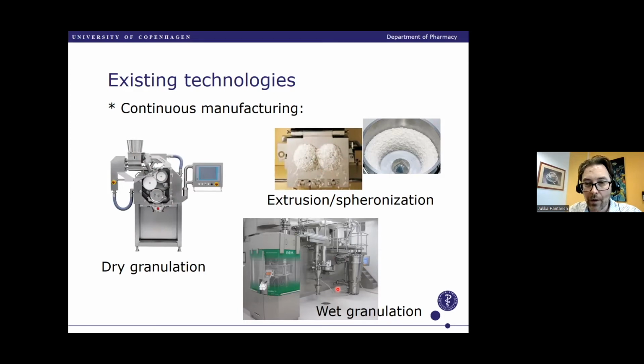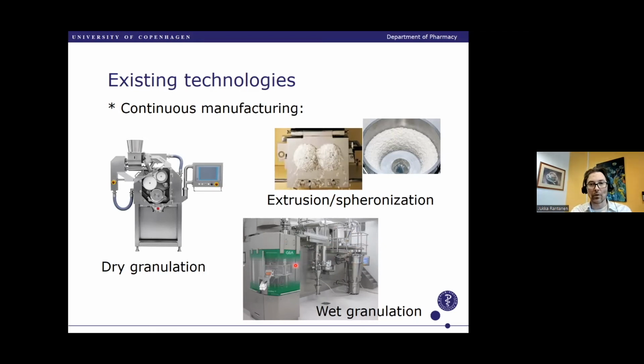And this is an example of a commercial continuous production line that also contains a tablet machine. It's a commercial instrument line called Consigma from GEA. Here we have granulation tools and a drying unit, feeding to a tablet machine in the same production line.